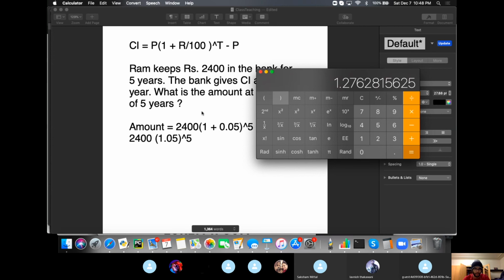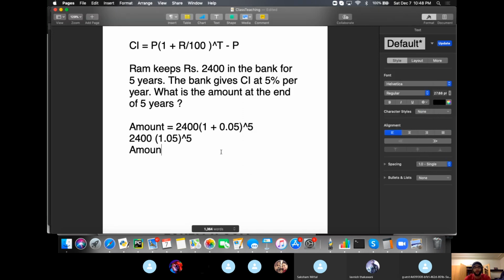So this has to be multiplied by 2400. Wow, okay, 3063.0. So you can say it's 3063 or 3063.1 if you round it off. So amount is equal to 3063.1. Okay, how many of you got this answer?